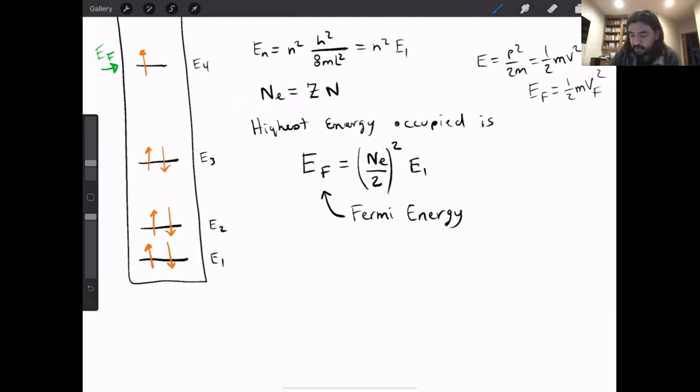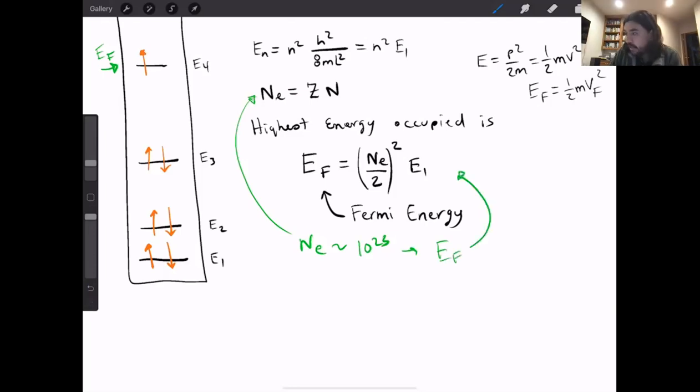Once NE is around 10 to the 23, that means we have a lot of electronic states there, right? E Fermi is that.